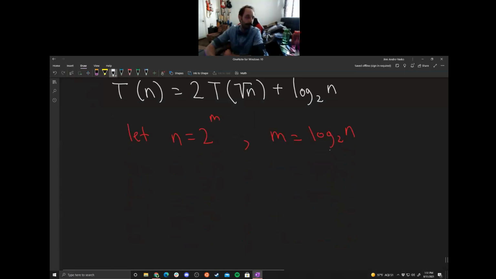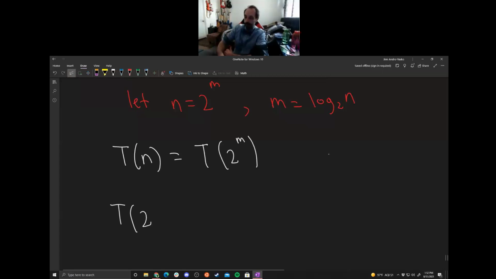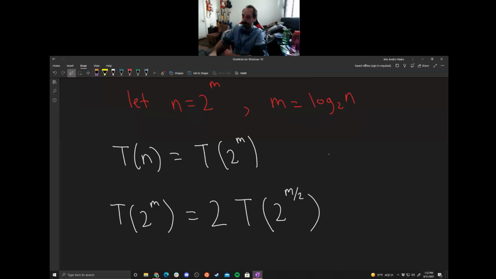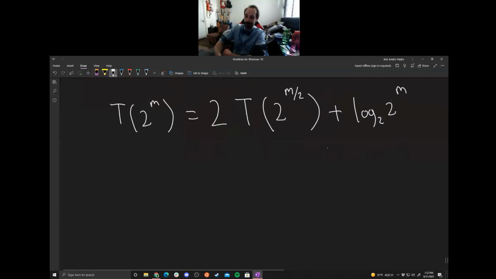So when we work this one out, we're going to say T(n) equals T(2^m), because we just replaced n with a new term. So we get T(2^m) equals 2 times T(2^(m/2)), and then plus log base 2 of 2^m, which will just give you m. Sorry, I shouldn't have used n and m because they sound similar, but it's okay.